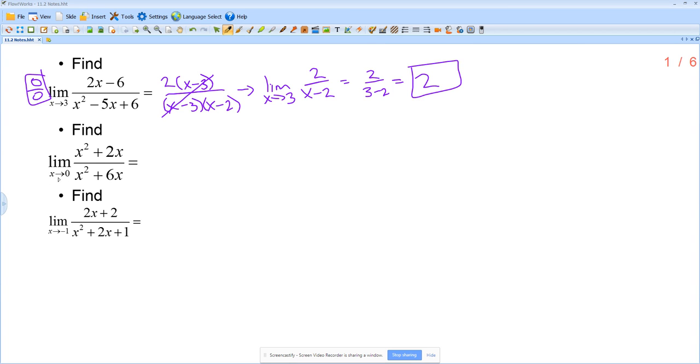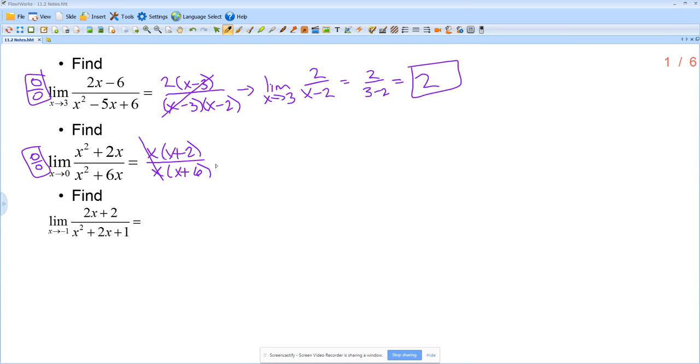Here, limit as x goes to 0 of (x squared plus 2x) over (x squared plus 6x). Always substituting in first, I can see very clearly I get 0 over 0. So the function does not exist at 0, but the limit may still exist, may. I'm going to factor. I get x times (x plus 2) over x times (x plus 6).